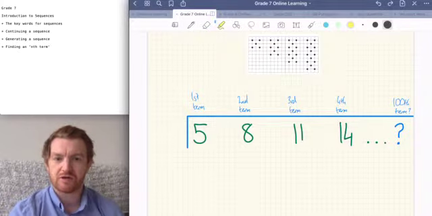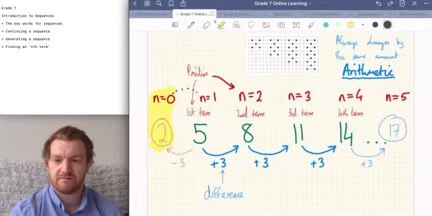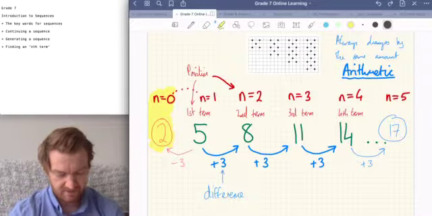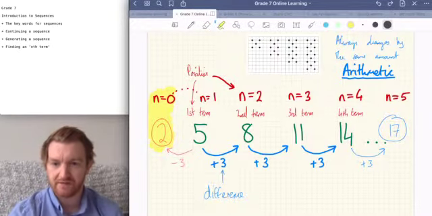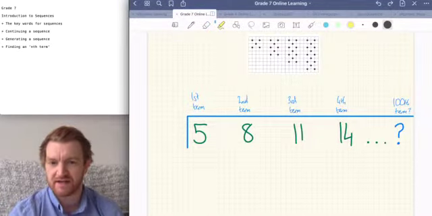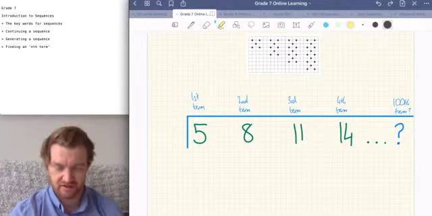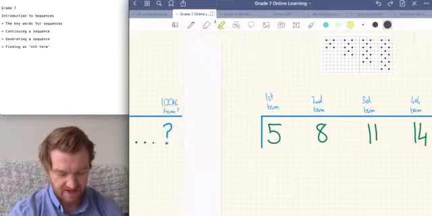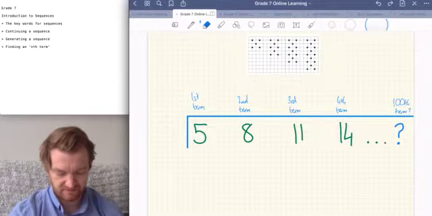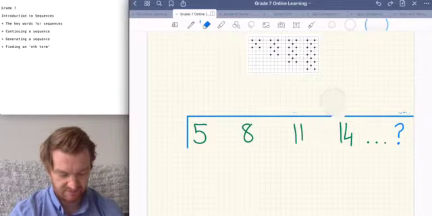Now, another thing you can do when you get a sequence and you're trying to find out things about it, one little trick I say if you're struggling is to draw this little box around. It looks like a long division sign. And you can label it first, second, third term, fourth, etc. But even better than that, what I would say is you can label it with, write out the actual line.